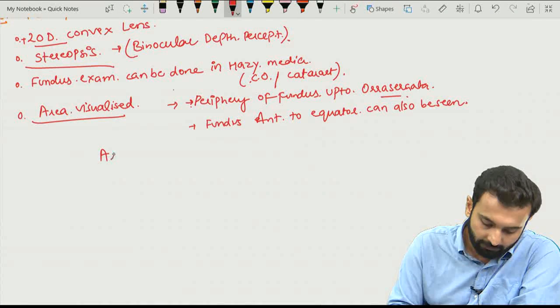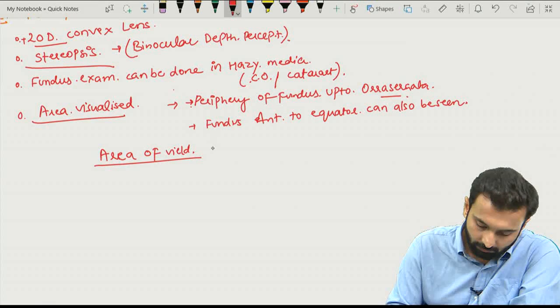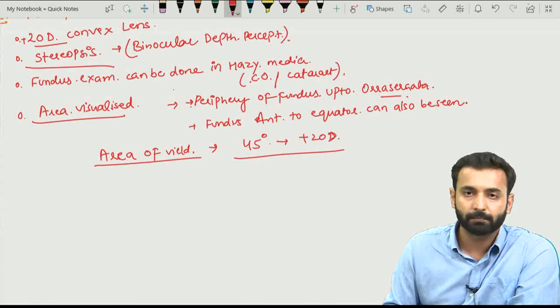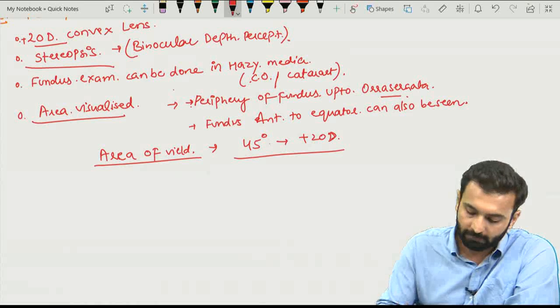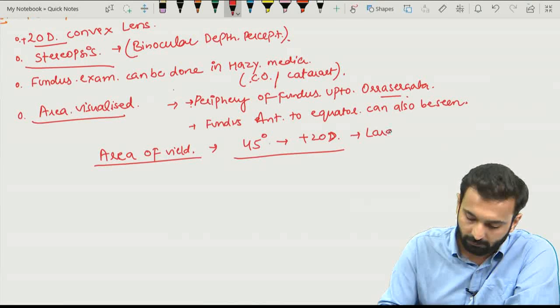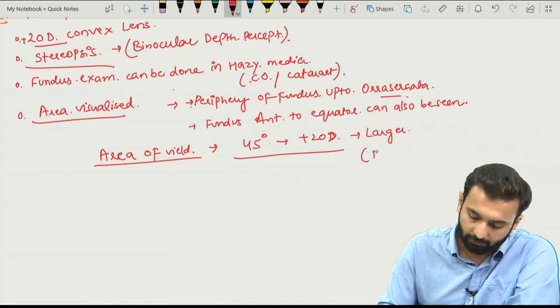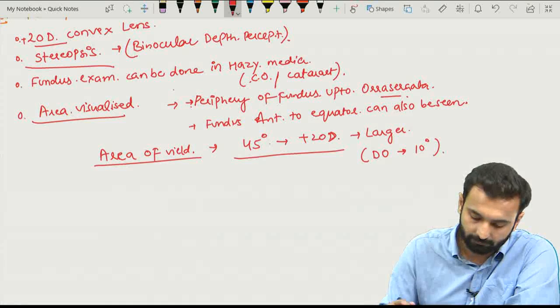Now the area of field is around 45 degrees with +20 diopter lens, which is larger than direct ophthalmoscopy, right? In direct ophthalmoscopy, the area of field is around 10 degrees.